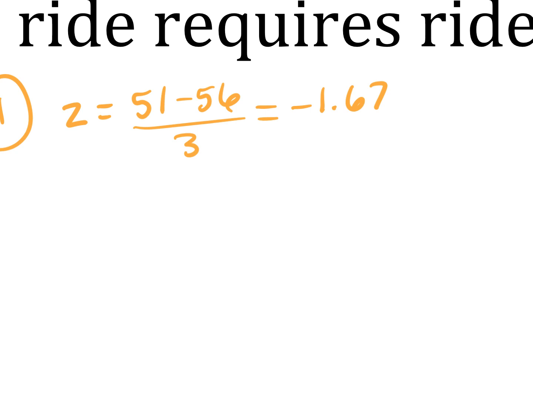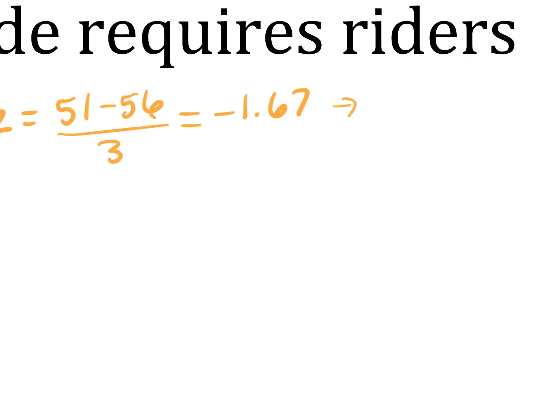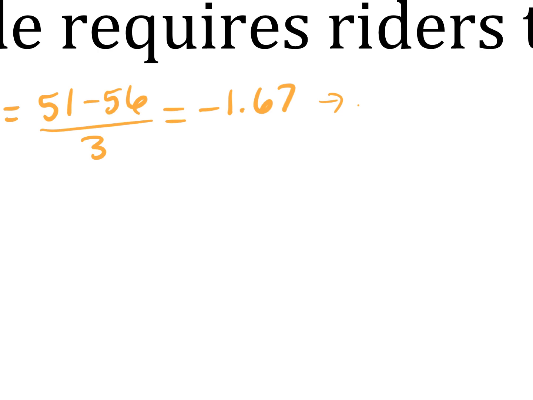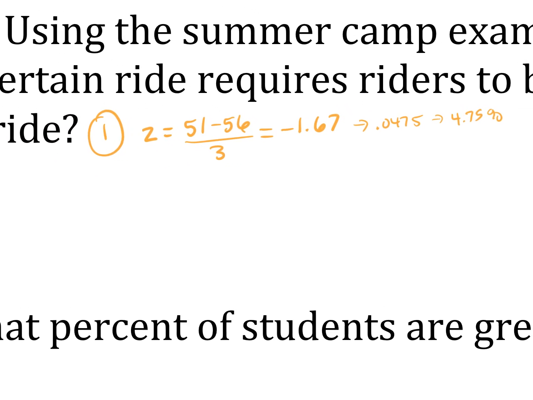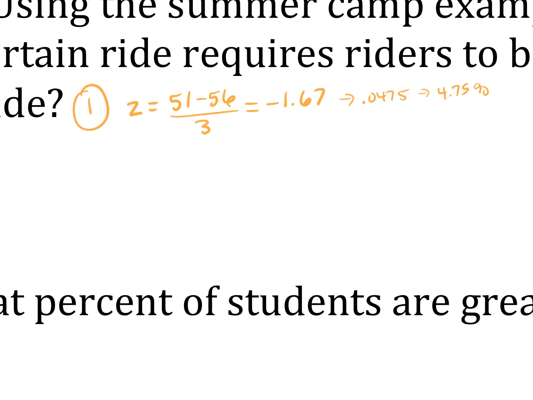Okay, so it looks like it's 0.0475, which means 4.75% of the students would not be able to ride, or 4.8, whichever way you want to write it if you were rounding. I like the 0.75 personally.